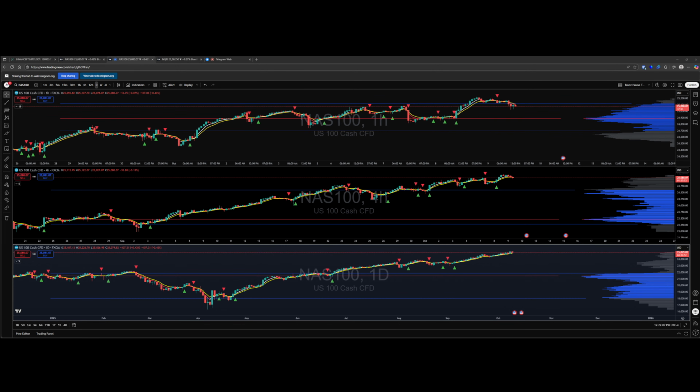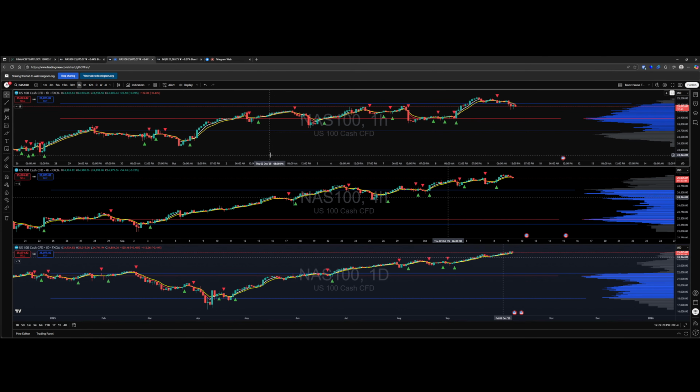So what we're going to talk about now is a little bit of fractal analysis, and that sounds complicated. It sounds scientific, but actually it's not. It could be if we wanted it to be, but we're going to keep it as meaningful and as simple as possible. And hopefully what you're looking at on your screen here is three charts.